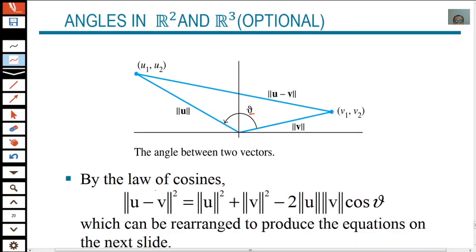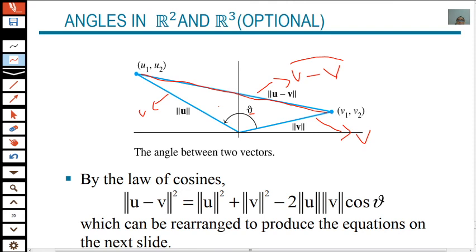So by the law of cosines, we know the line segment opposite to the angle is U minus V. Like the previous shape, you can calculate easily. This line segment corresponds to the vector U minus V. This is the vector U. This one is V. We calculated how we can find U minus V from the previous examples.